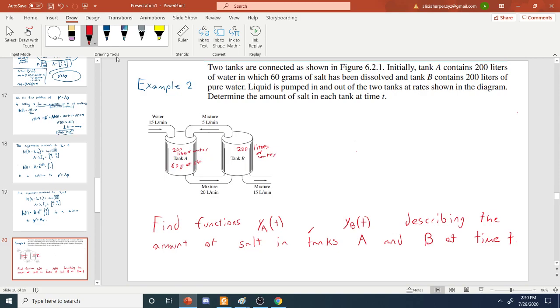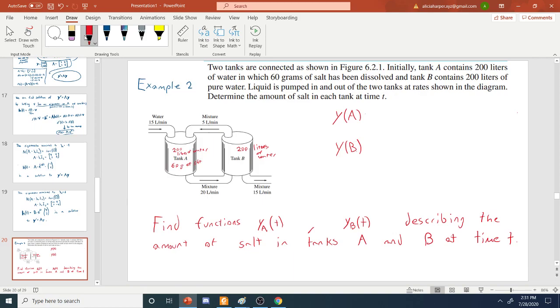Okay, so what we want to do is determine the amount of salt in each tank at time t. So here's what we observe. YA and YB are related as follows.